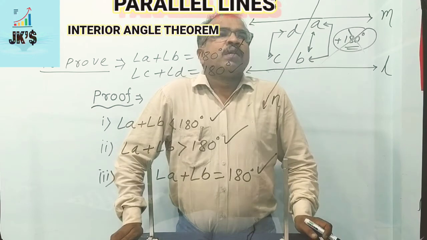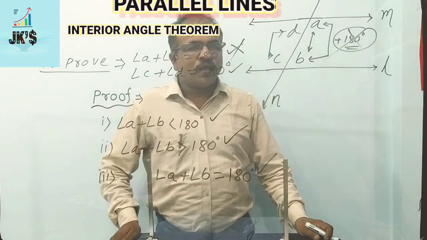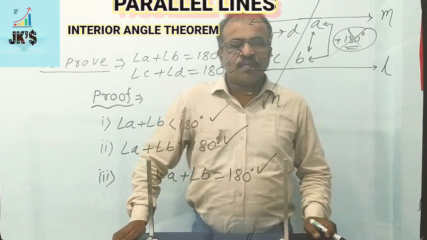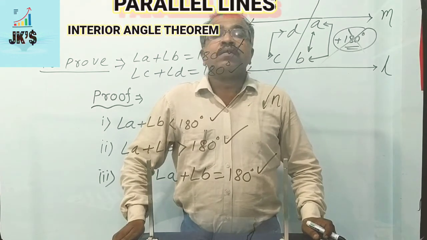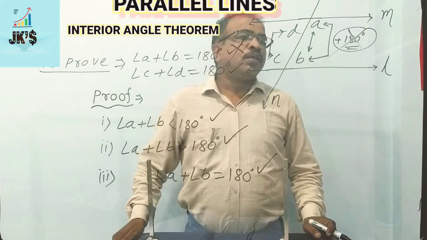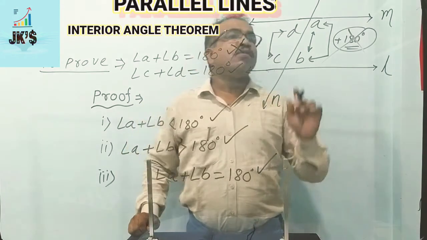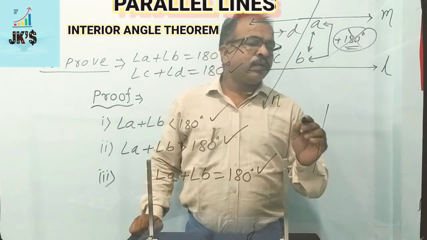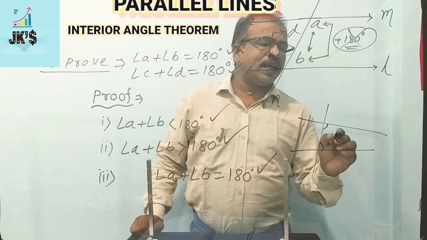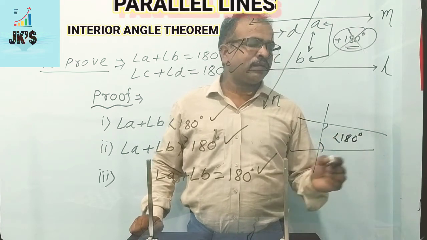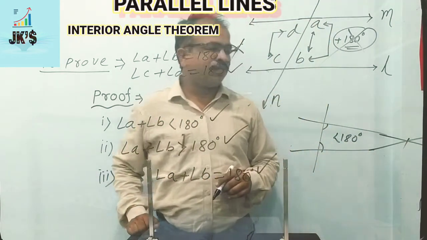If the interior angles formed on one side of the transversal have a sum less than two right angles, then these two lines intersect each other. According to Euclid's postulate, if the sum of these two angles is less than 180, two right angles, then these lines may intersect each other.